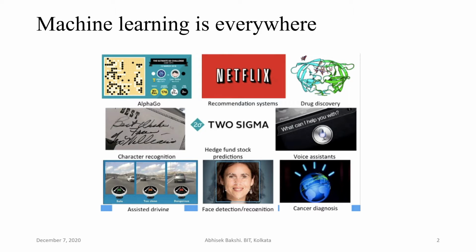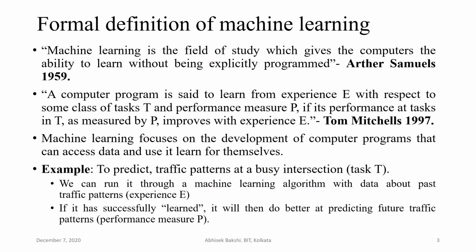First we will start the concept of machine learning with some formal definitions. You see, there are some expert comments from different perspectives from previous years. Arthur Samuel in 1959 started the concept of machine learning.